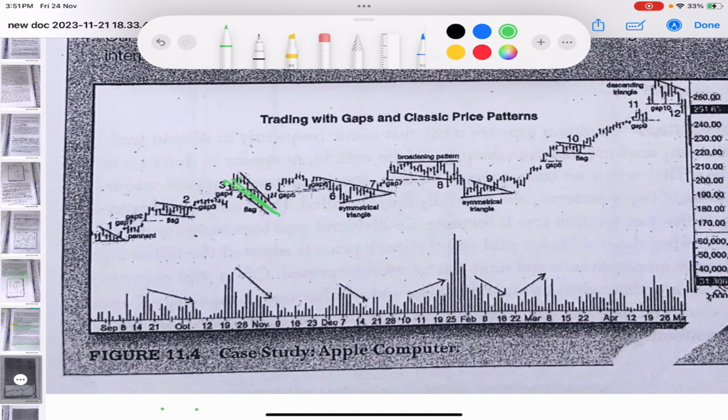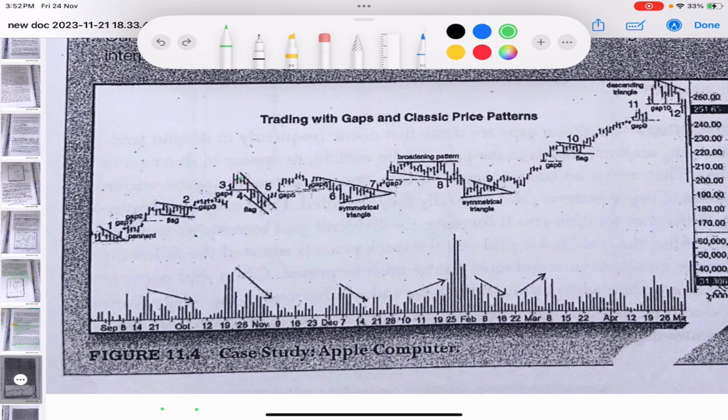See, during the formation of the flag, the volume also declined, which is a good sign for me, because during the formation of the pattern, I usually want my volume to decline. So then the upward break of the flag triggers at 190.7, which would be somewhere over here. So I will enter there, and my stop loss would be below the flag level again.